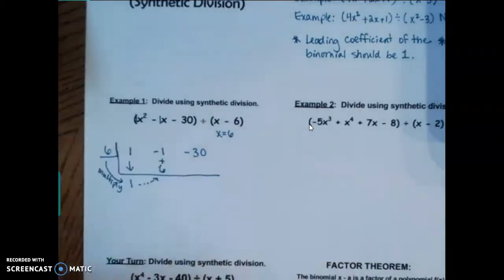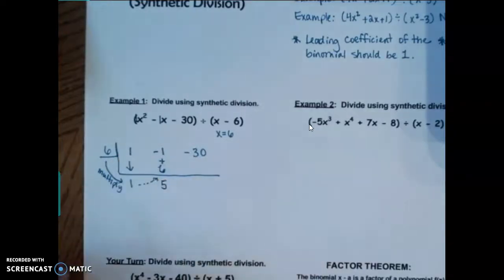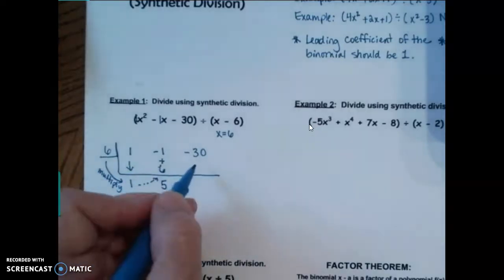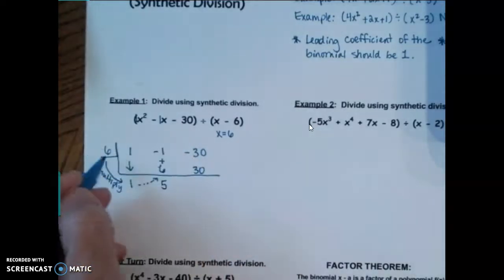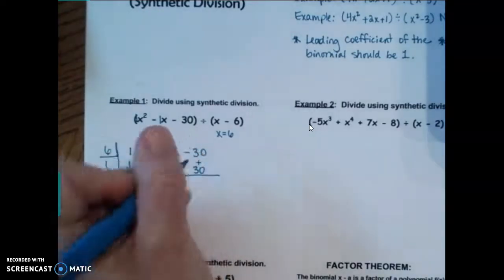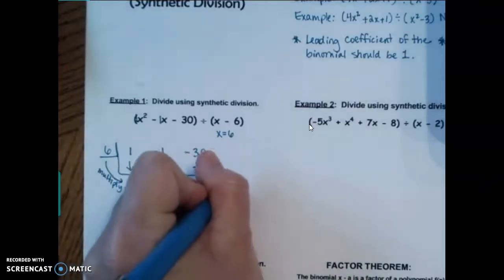And then you always add down. So negative 1 plus 6 is going to give us 5. Then you start your whole process over. So 6 times 5 is 30. So it makes kind of like a half circle. Add down to get 0. So our remainder is 0.